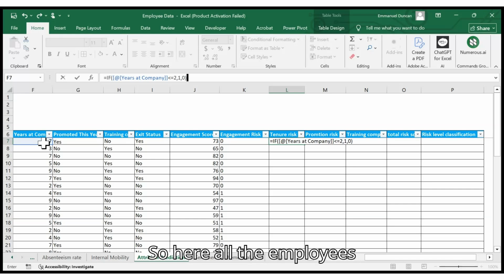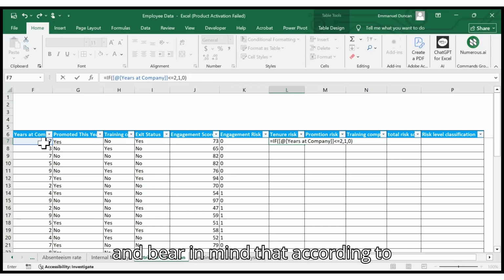So here, all the employees that have spent less than 2 years with a company are being represented with 1. And those who have spent above 2 years with a company are represented with 0.